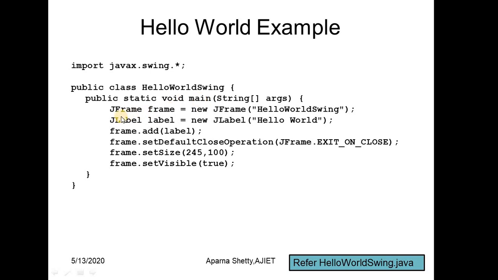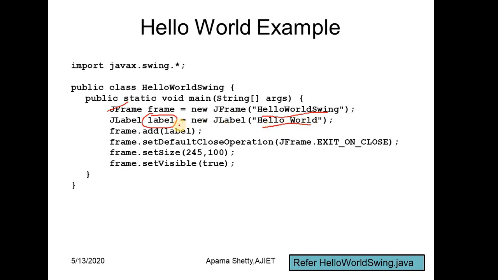The first statement, JFrame frame = new JFrame("HelloWorldSwing"), creates a new frame, and the title of that frame will be HelloWorldSwing. Next, we are creating a label, and the text displayed in that label will be Hello World.